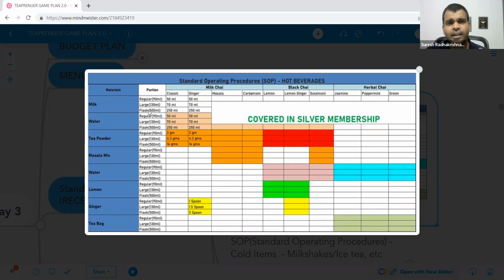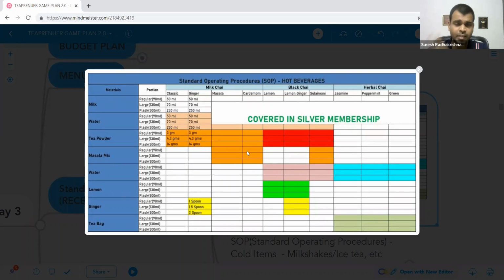If you want to prepare 130 ml, a large glass, then you will need 70 ml of milk, 70 ml of water, 4.3 grams of tea powder, and 1.5 spoons of ginger. If you need 500 ml of ginger tea, then you will need 250 ml of milk, 250 ml of water, 16 grams of tea powder, and 3 spoons of ginger, crushed and blended.